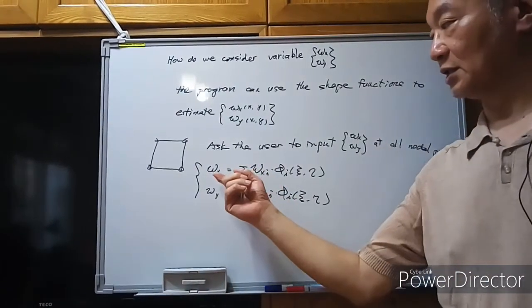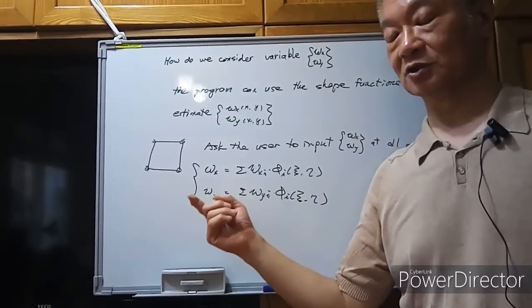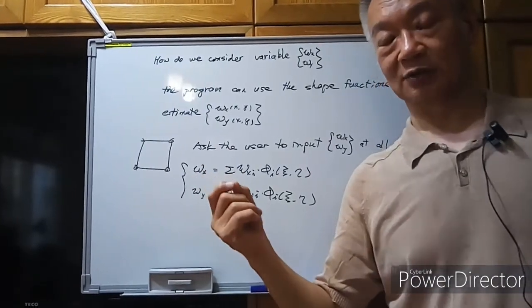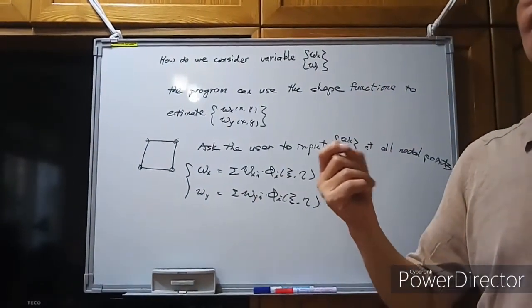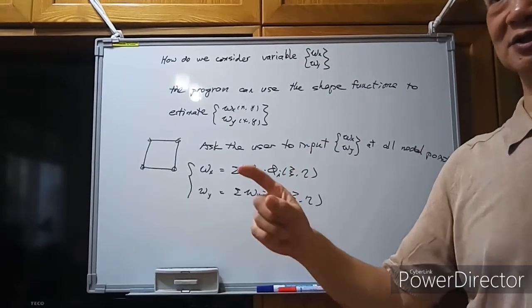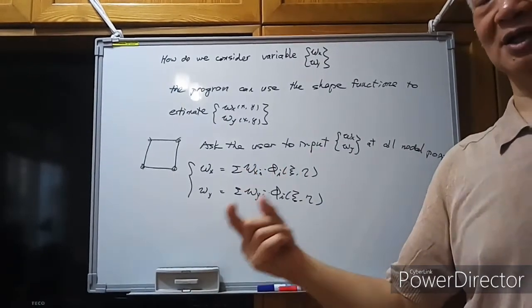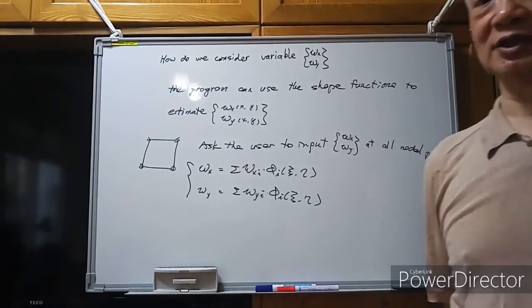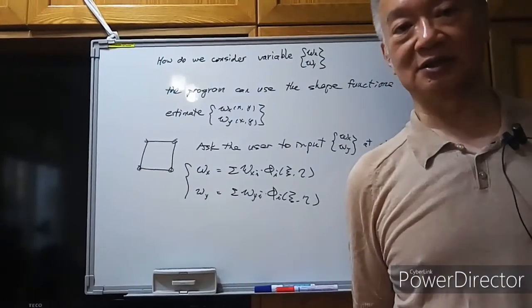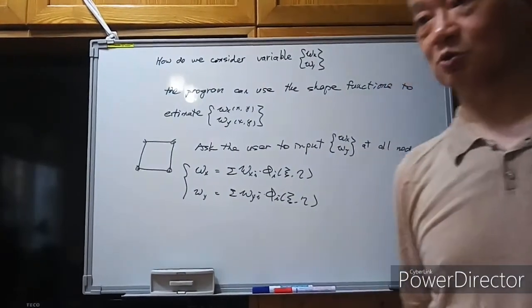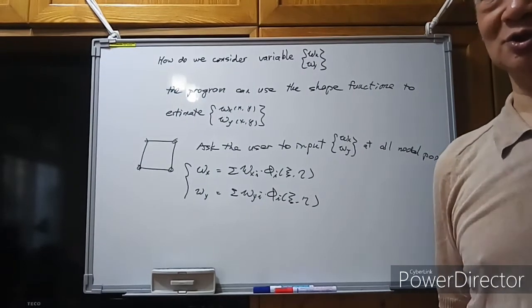So when we do the numerical integration, we just calculate the corresponding function values at the integration points, then multiply by the corresponding weights, and then we can get the approximate solution for the integrations.